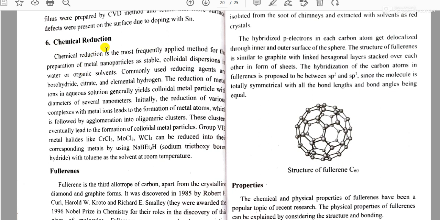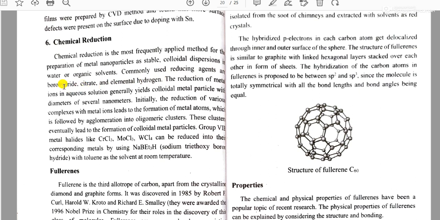So using the chemical reduction method, we are able to prepare metal nanoparticles, and we obtain them in the form of colloidal dispersions either in aqueous medium or in organic solvents. And commonly used reducing agents are borohydride, citrate and elemental hydrogen.